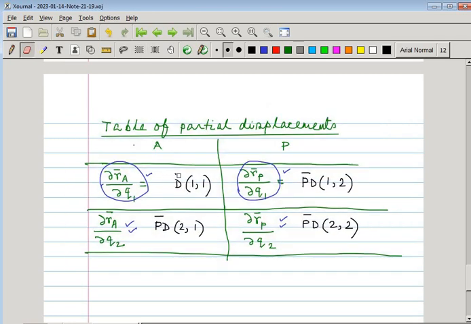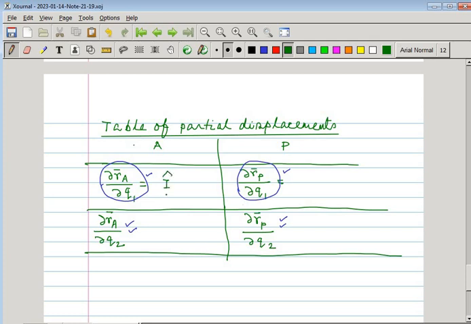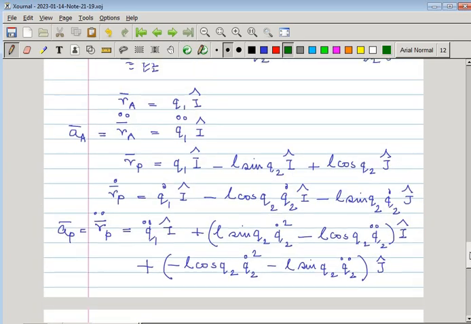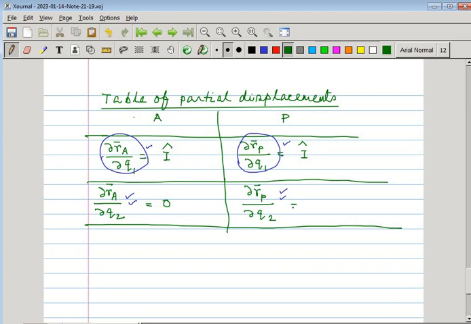So this is I, this is I, so this is 0, del RA del Q2 is 0, and del RP del Q2 is minus L cos Q2 I minus L sin Q2 J.